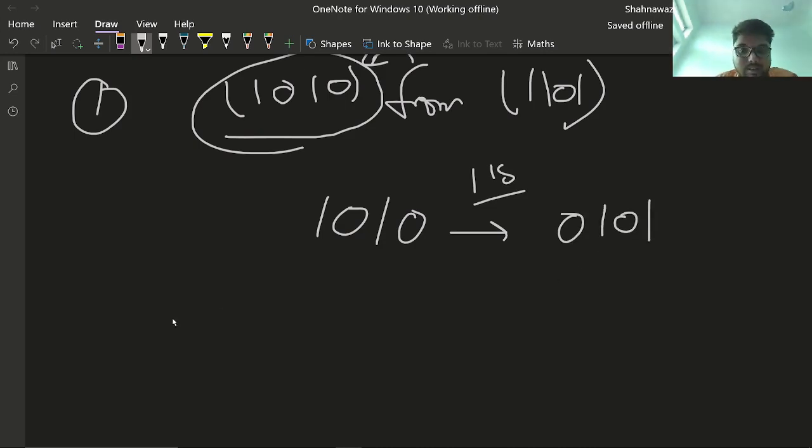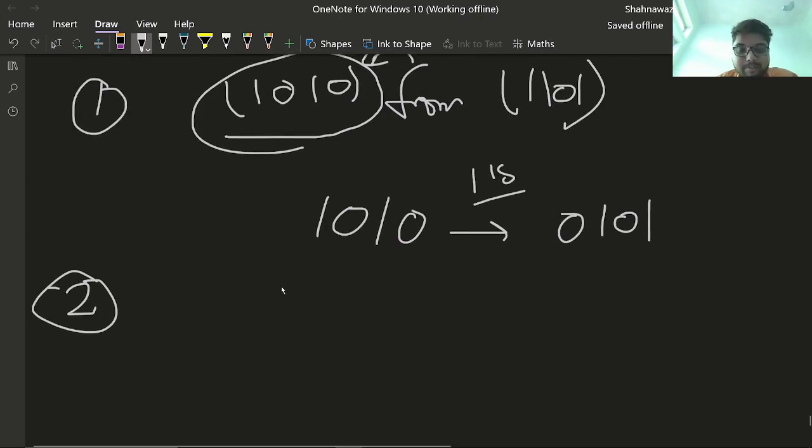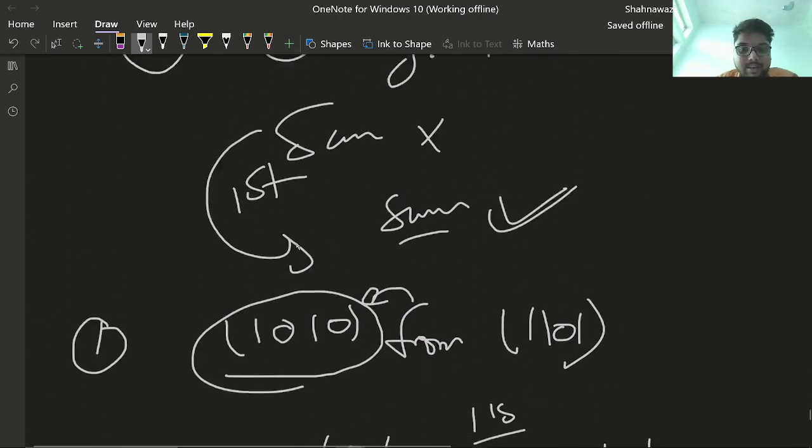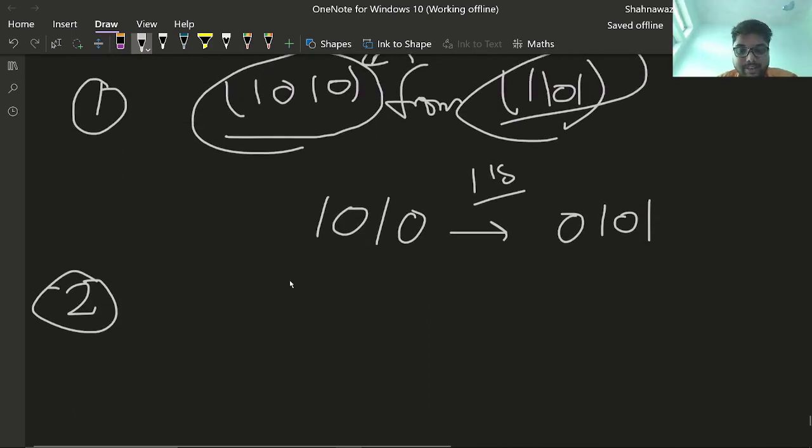Then what does the second step say? Perform the sum with the number from which we have to subtract this number. So we have to perform addition.